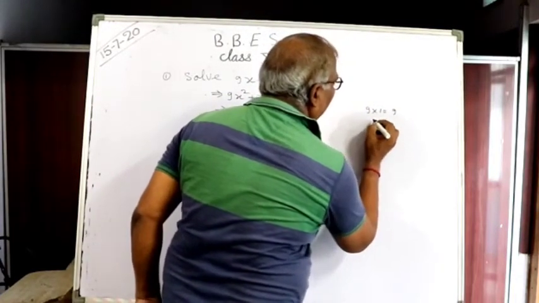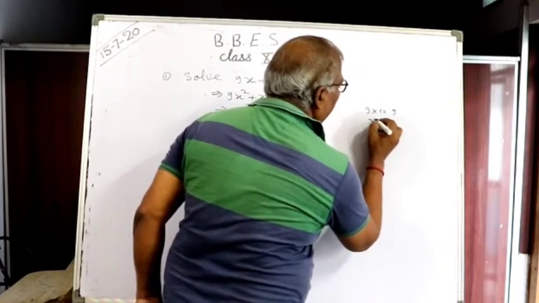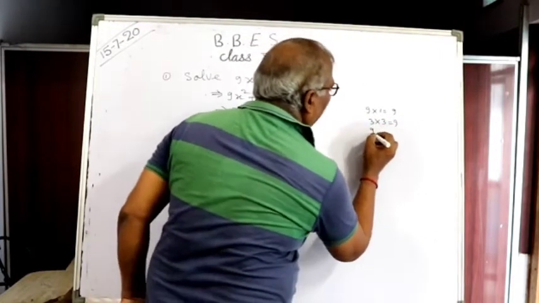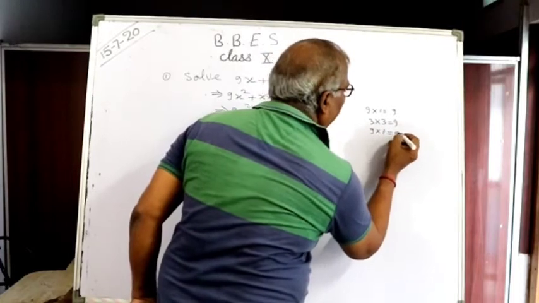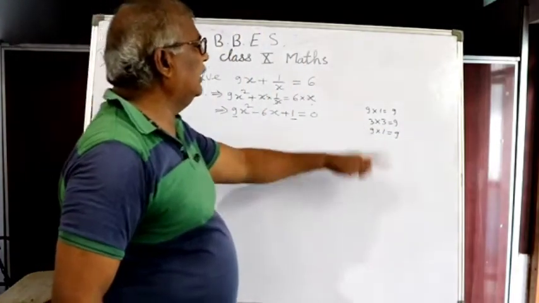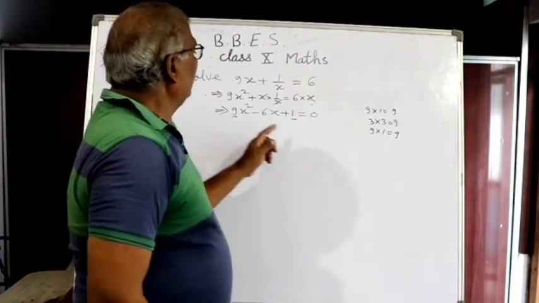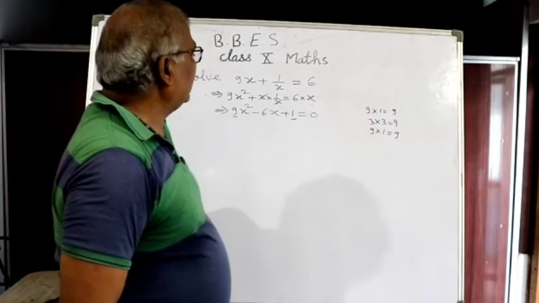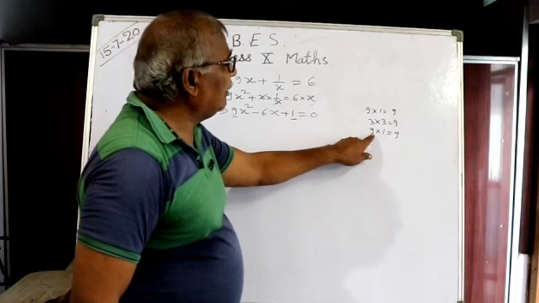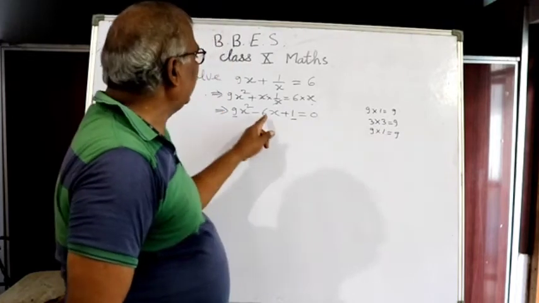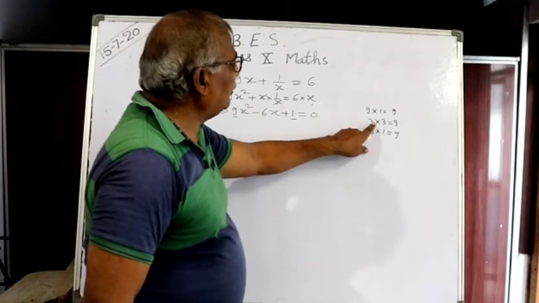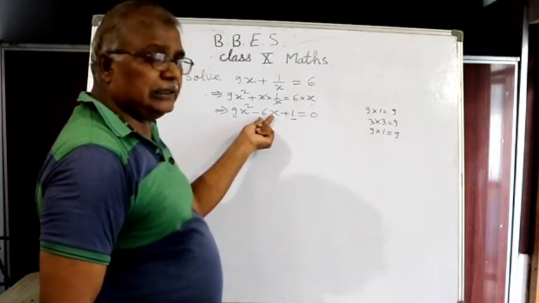What are the factors of 9? 3 into 3 is equal to 9, and 9 into 1 is equal to 9. There are two factors. Now we take the suitable factors. By subtracting 9 and 1 we can't get 6, but by adding 3 and 3 we get 6.